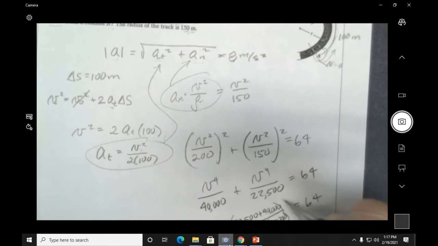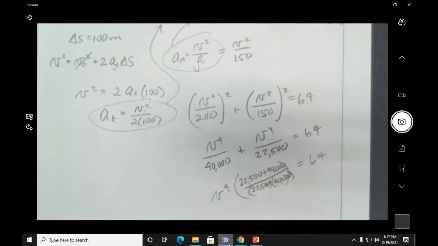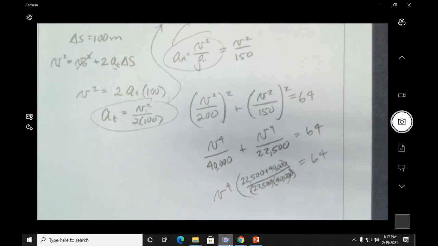Did I do that right? My algebra might be like old man has to do algebra in front of young people. Pretty sad. So I think that's going to be true. I multiply them by each other, multiply that by 64, and then I add 22,500 and 40,000. Should have been able to just do that in my head and divide it through.